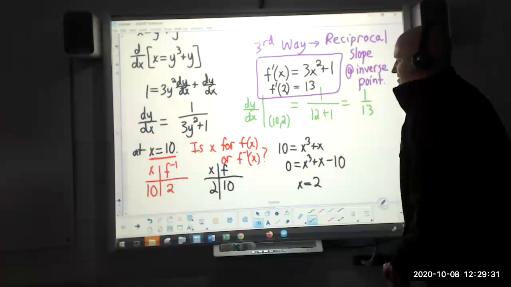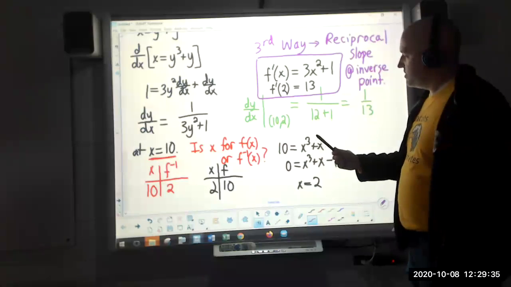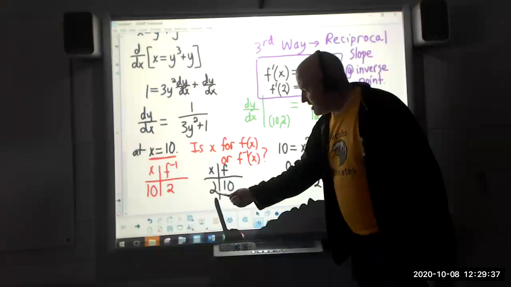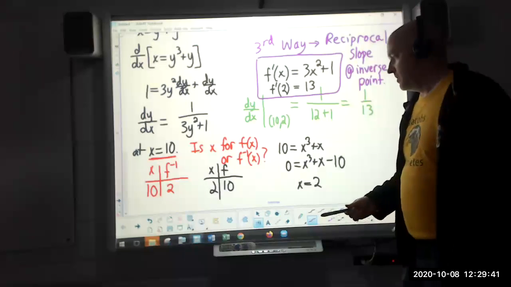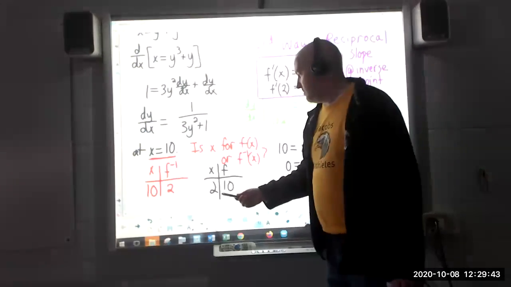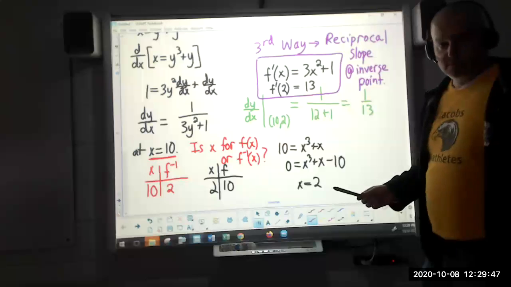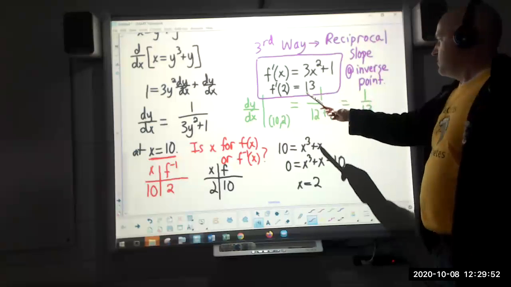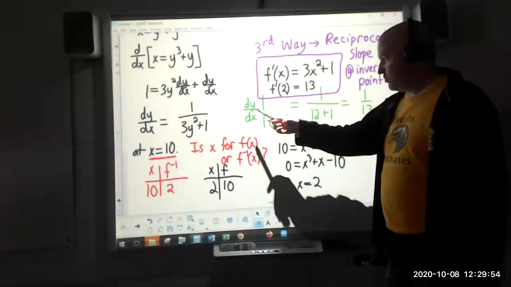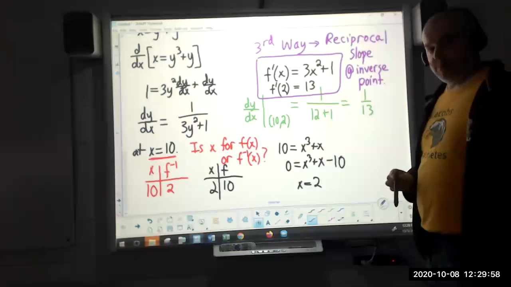If we're at 10 in f inverse, we want to be at the x value that corresponds to 10 in f. So f inverse prime at 10, f prime at 2 are reciprocals. f prime of 2 is 13, so that tells me, even without doing all of this, that f inverse prime of 10 is going to have to be 1/13.